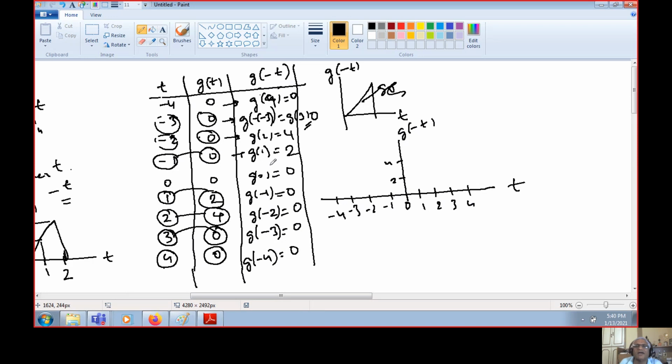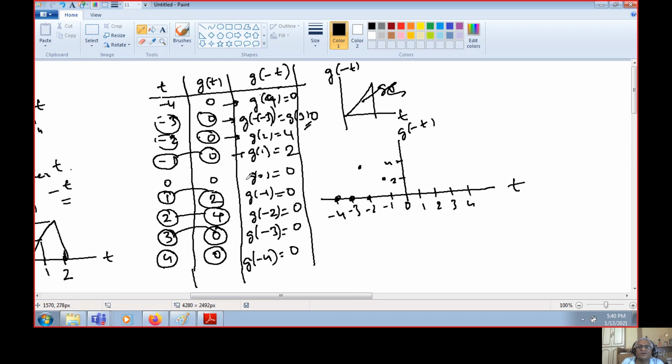Now what are the points that we have? At minus 4, what is g of minus t? At minus 4, g of minus t is equal to 0. So I am putting that point here. At minus 3 also, it is equal to 0. At minus 2, it is equal to 4. See, this point is 4 at minus 2. And at minus 1, it is equal to 2 here.